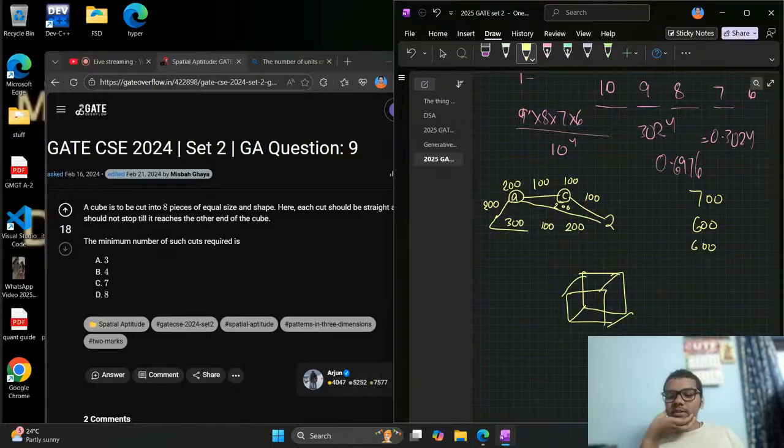If you cut it, it will become 2 pieces. If you cut it, it will become 4 pieces. Okay, you need 8 pieces, right? 2 and 4.